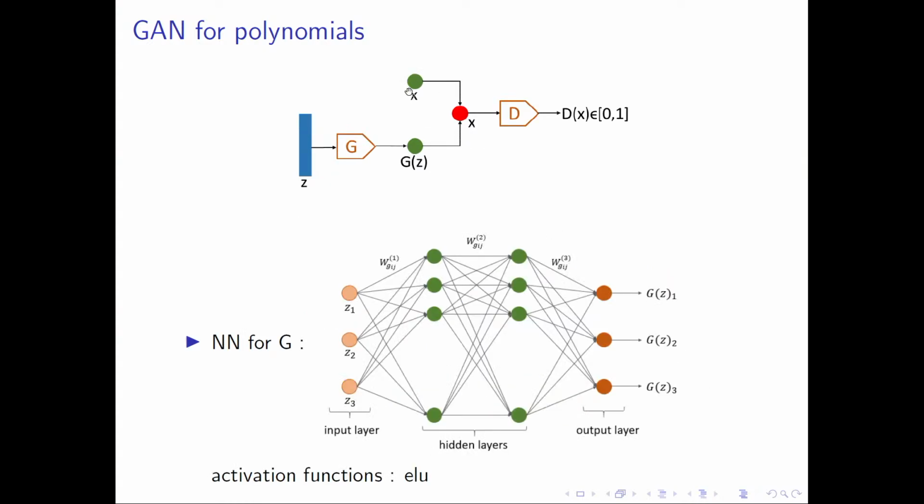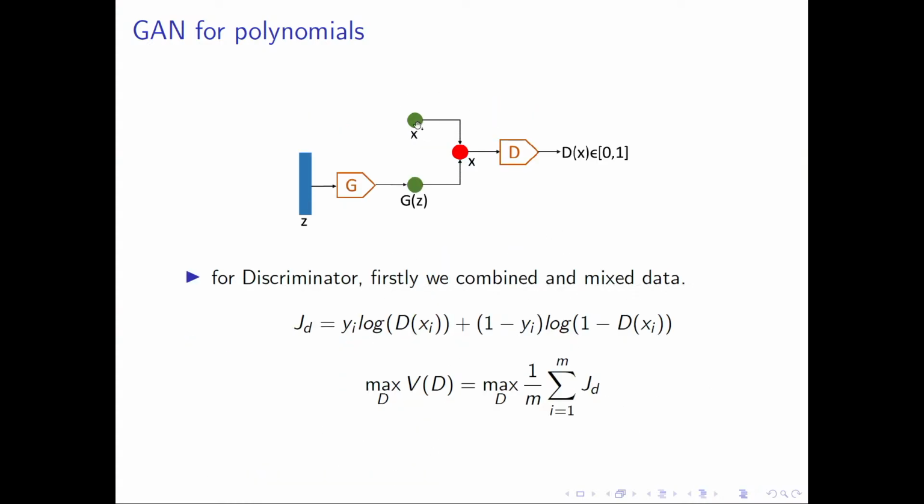Okay, let me first explain why we combine and mix the data. We don't want to affect the discriminator's decision by giving ordered polynomials. For example, if we give m real polynomials first, and after that m fake polynomials to the discriminator, maybe it can change its decision.